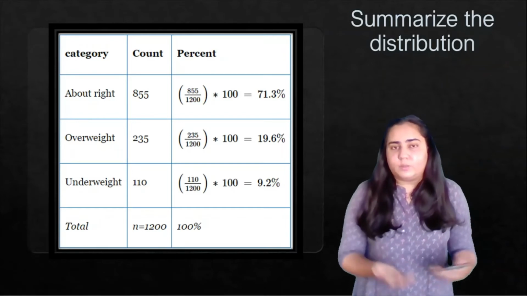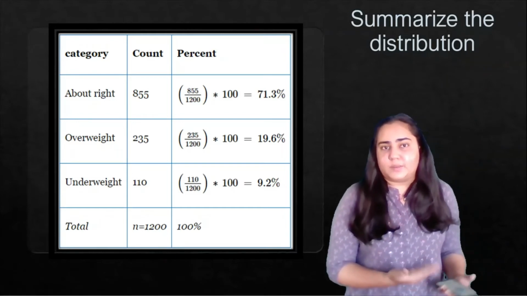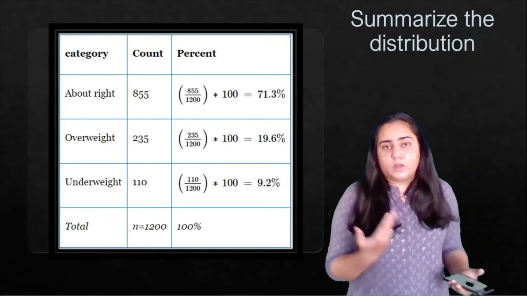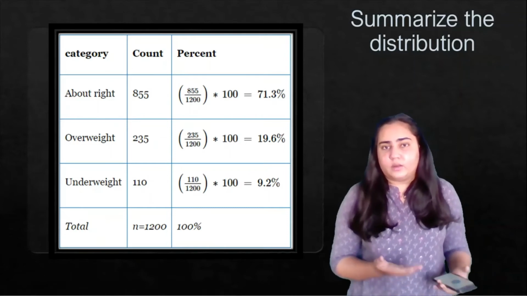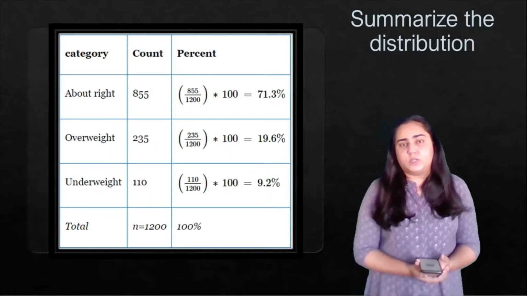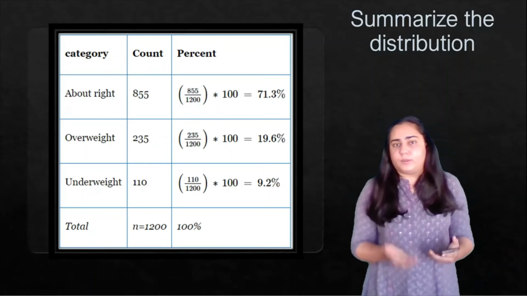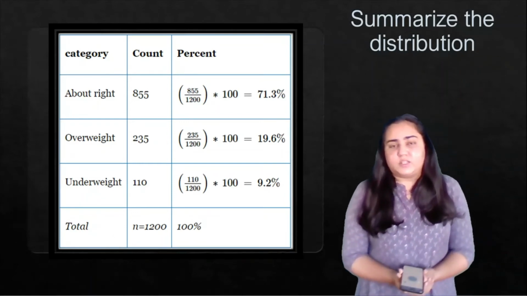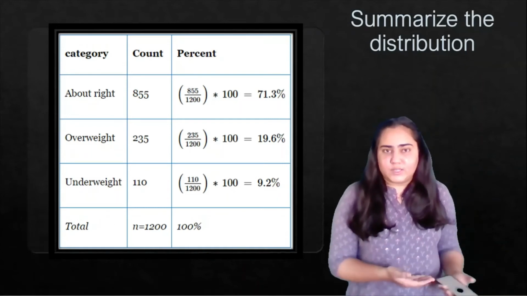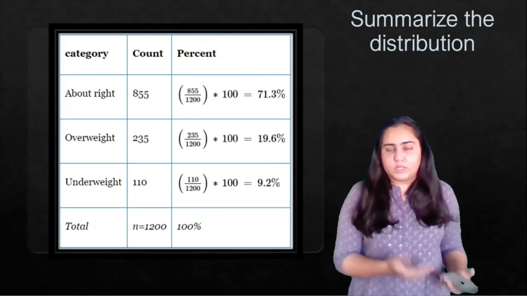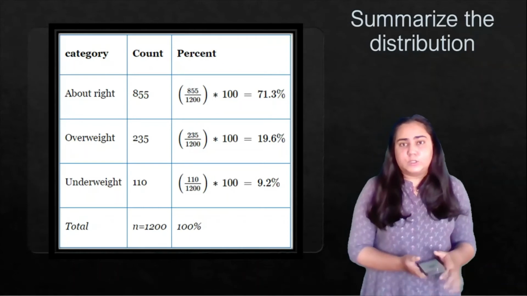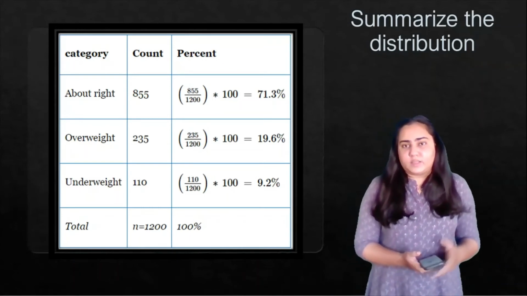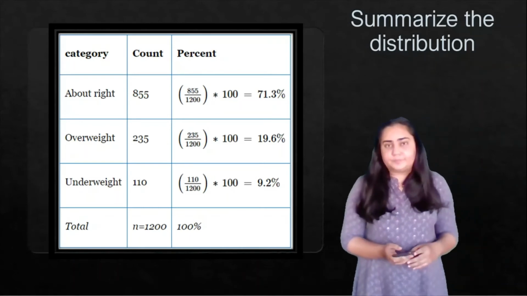And then the people who think they are underweight are about 110 people, who form about 9.2% of the total sample. To calculate that percentage, once again, we divide 110 by 1200 and then multiply by 100 to get the summary of that distribution.